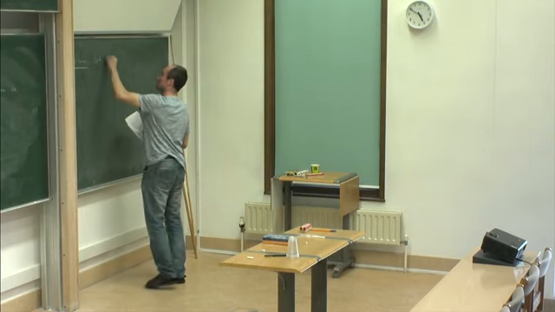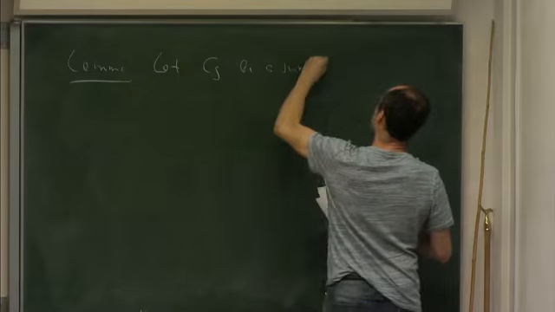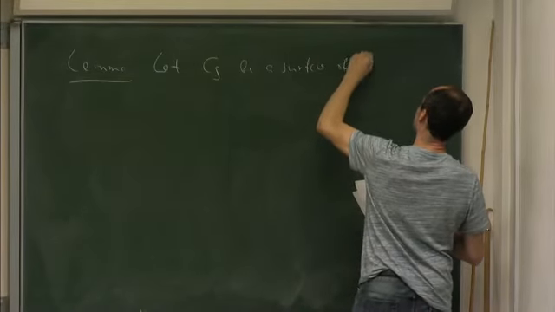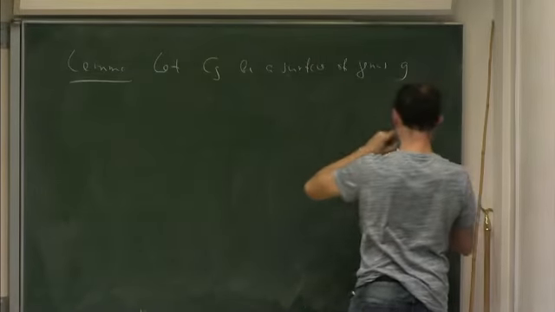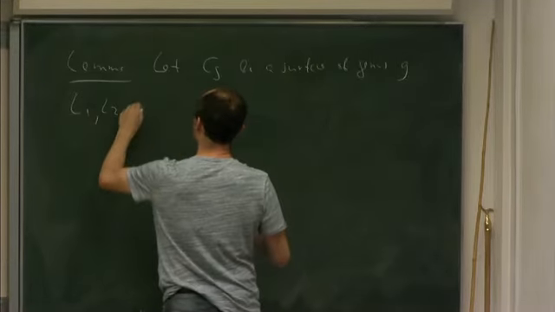Lemma: let C_g be a surface of genus g, and L1, L2 be two line bundles.